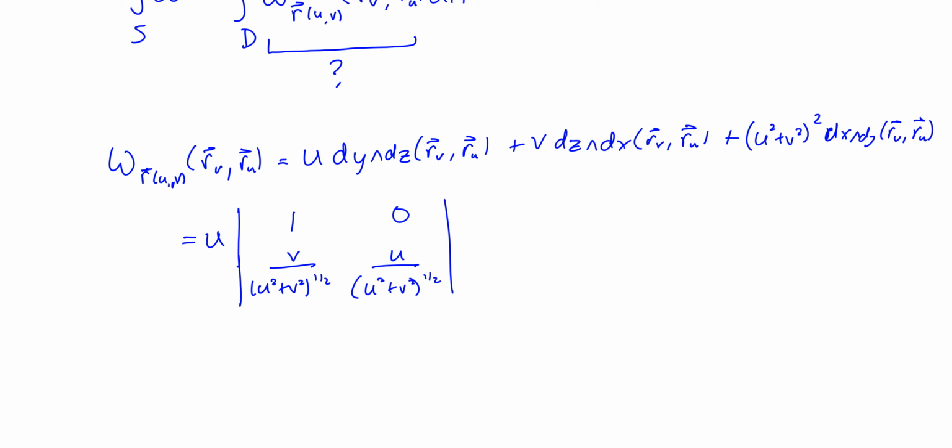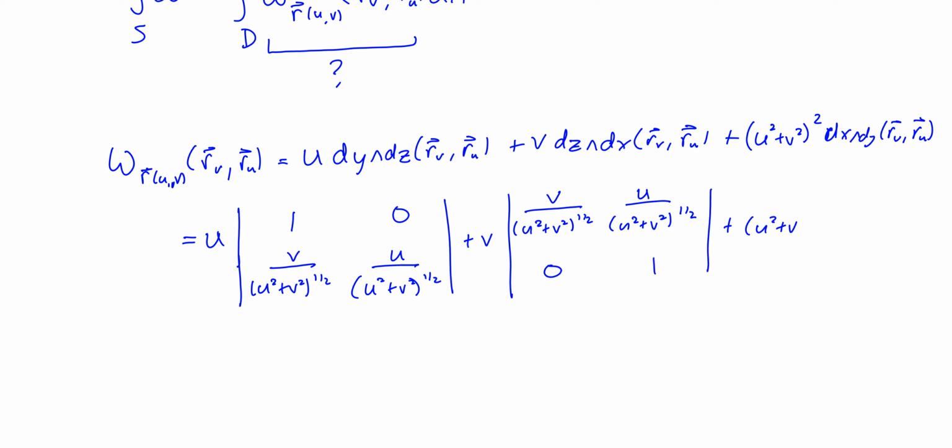Take the determinant of that, plus v, and then we have the determinant. In this case we do dz dx, so it's v over (u squared plus v squared) to the 1/2, u over (u squared plus v squared) to the 1/2, and then we take the x component, which is 0 and 1. And finally (u squared plus v squared) squared, and then the x component of r_v is 0, the x component of r_u is 1, 1, 0.